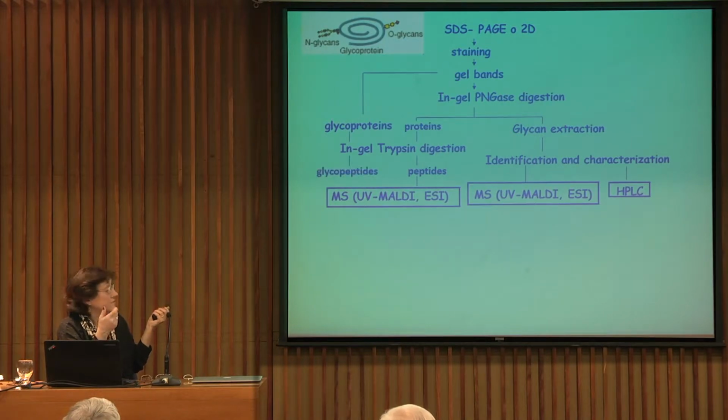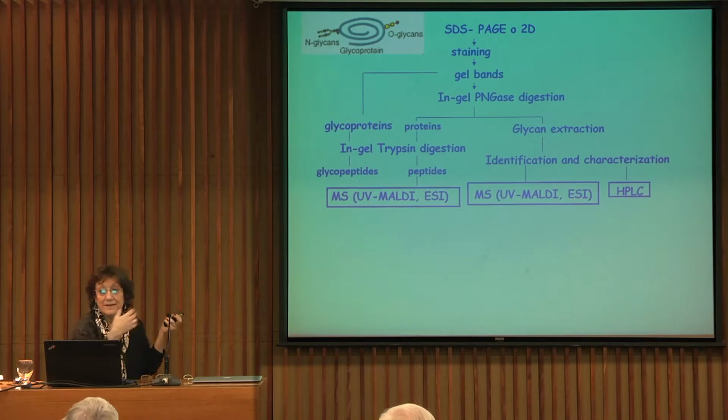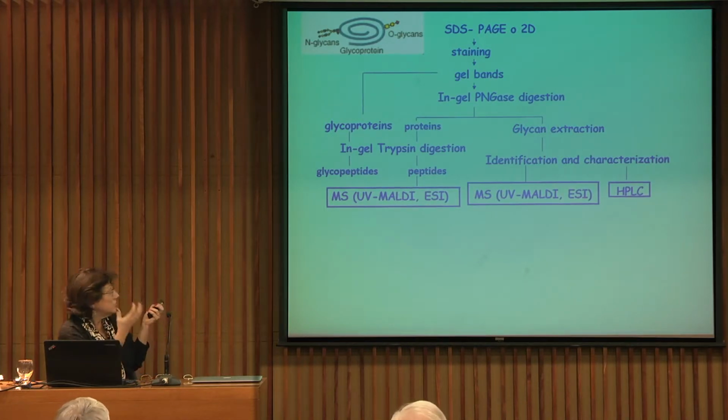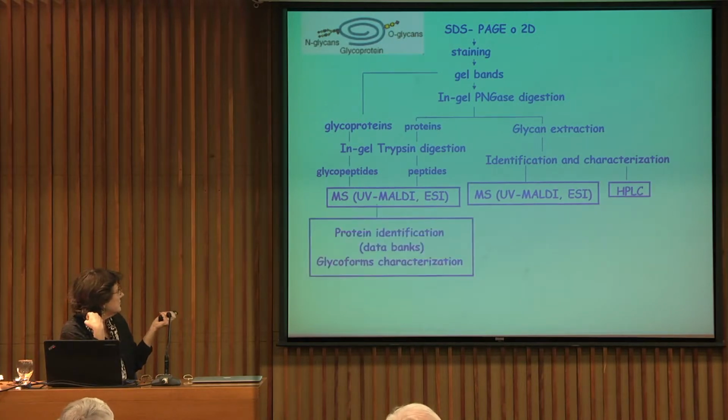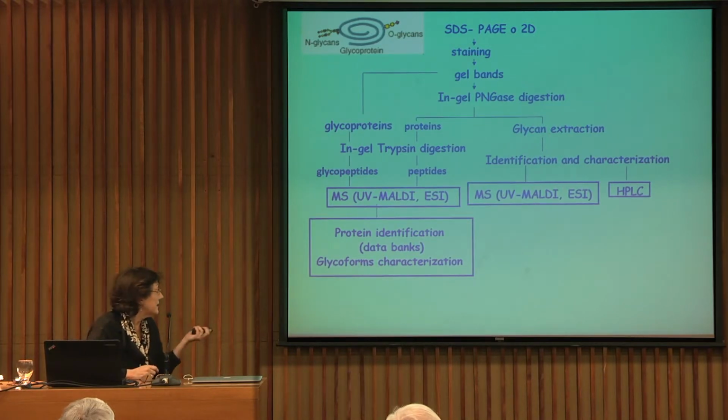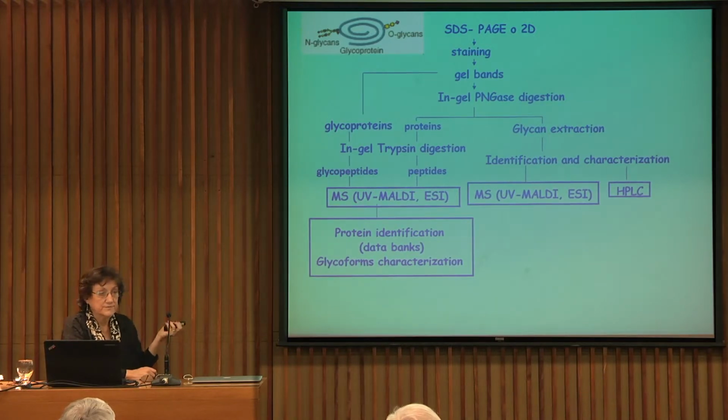So you will have glycopeptides and peptides. That is a glycoproteomic approach. And you may enrich a fraction with glycopeptides and then perform a mass spectrometry analysis of these glycopeptides. Of course, you can perform a protein identification with a data bank, and you may characterize glycopeptides.